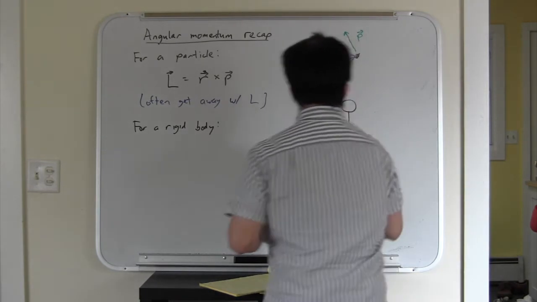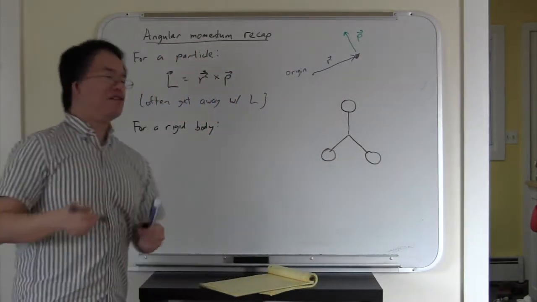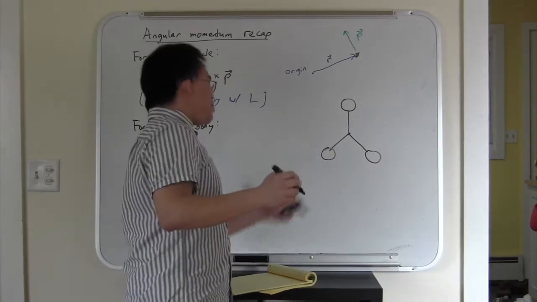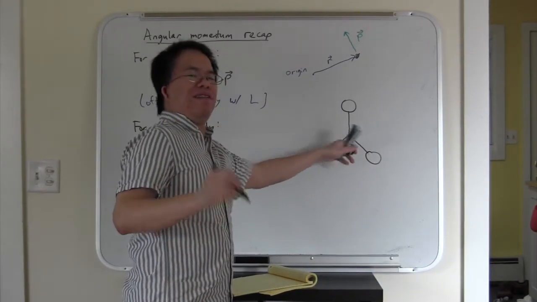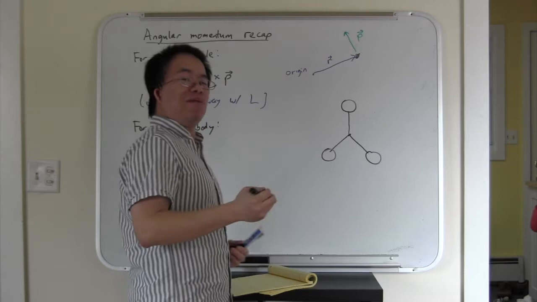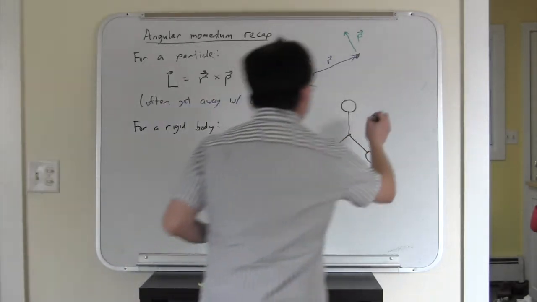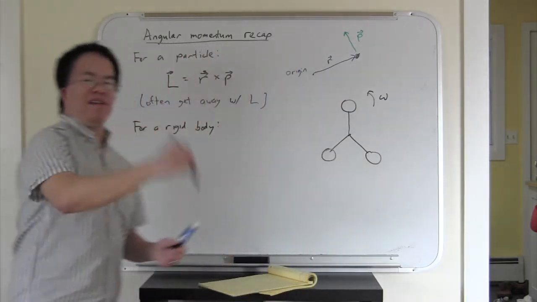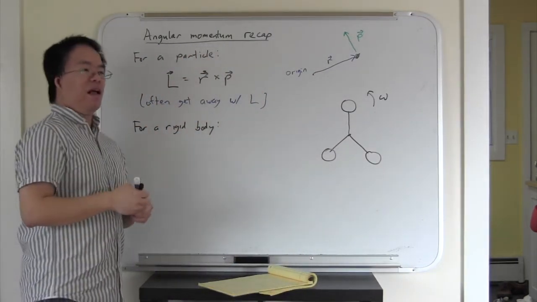If this thing is rotating, it's typical to pick the axle, or the axis of rotation, as my origin. So let's imagine this was rotating with some angular velocity.